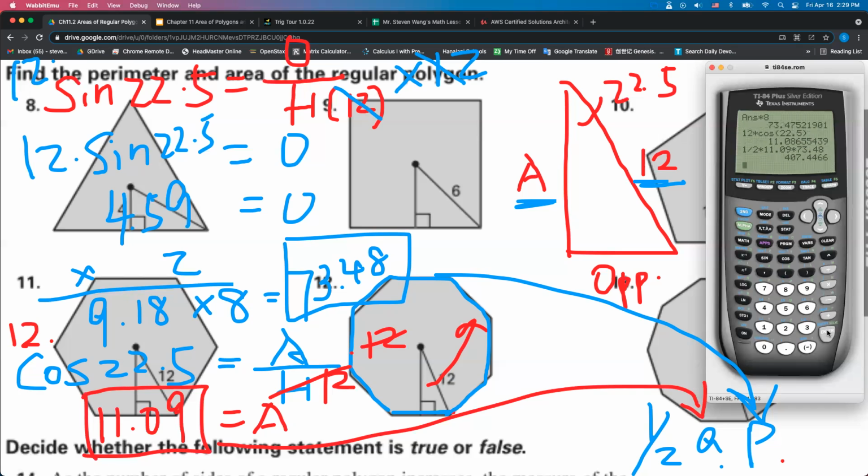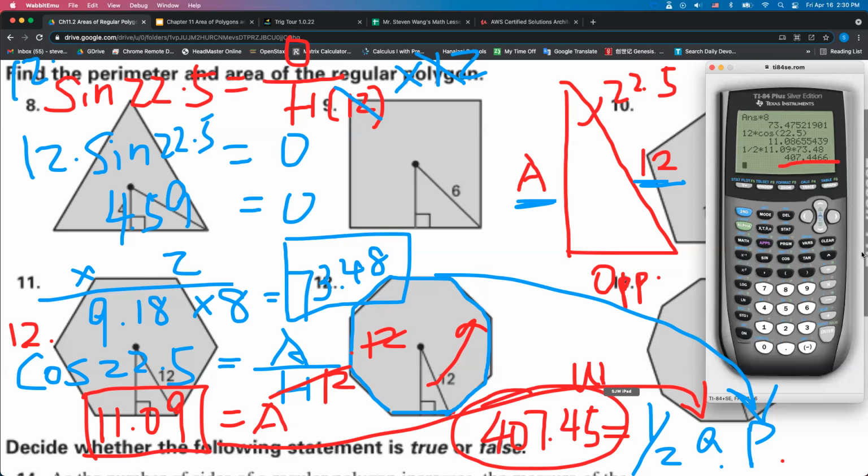Hit enter, and that area equals 407.45. All right, that is my answer. Remember, we need to put the unit, square units. Okay, that will be it.